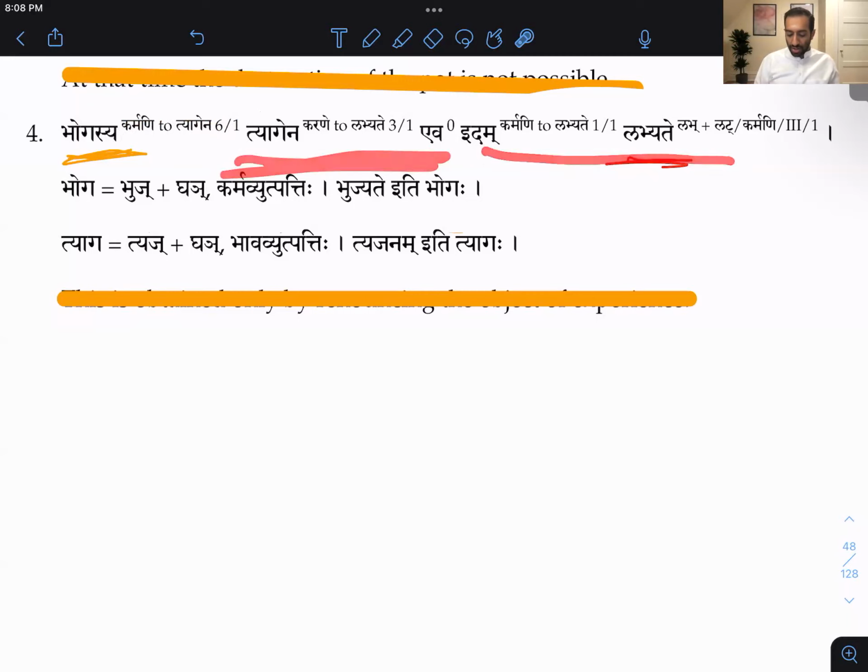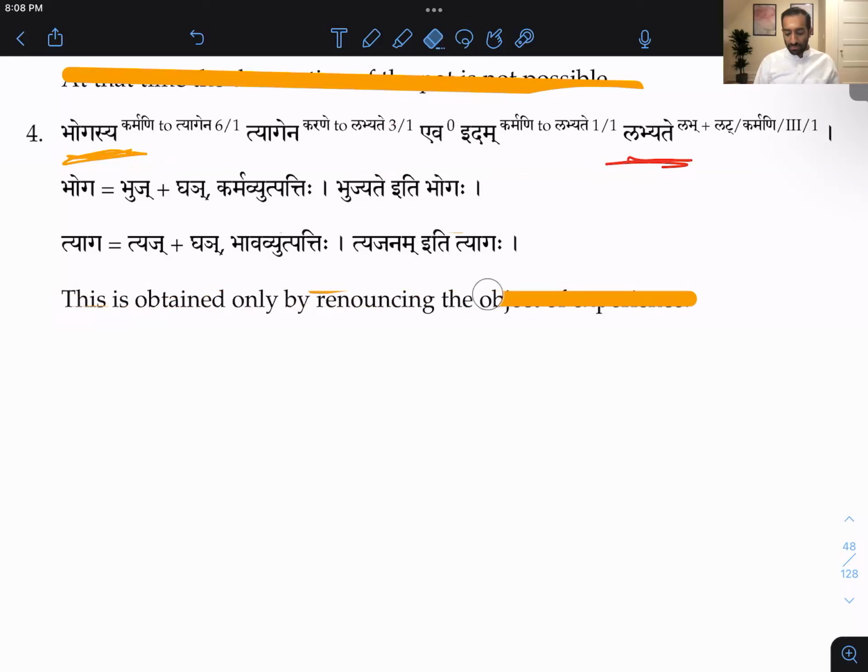This is obtained only, or alone, this is obtained only by renouncing bhoga, the object of experience. Right? So this is obtained only by renouncing the object of experience.